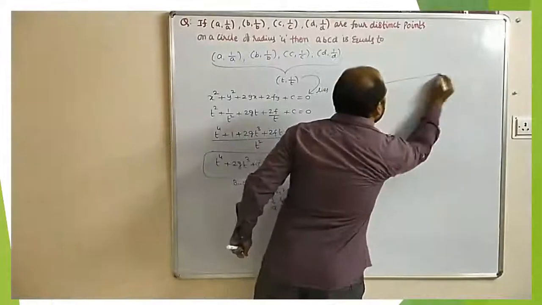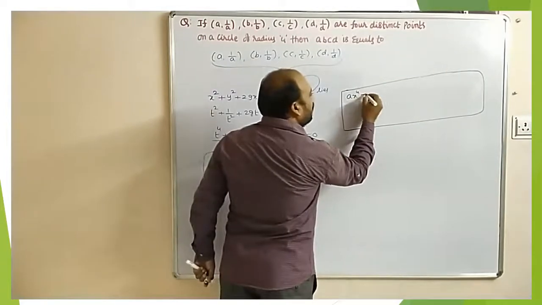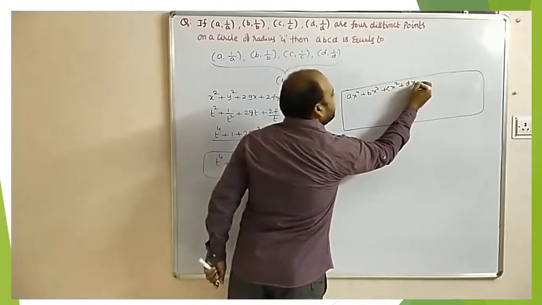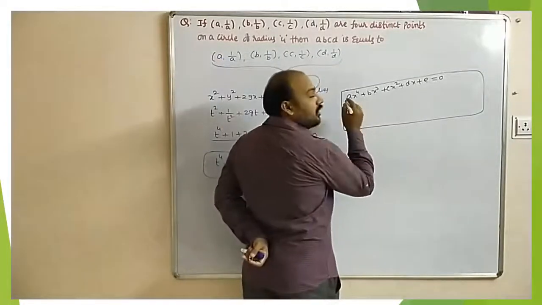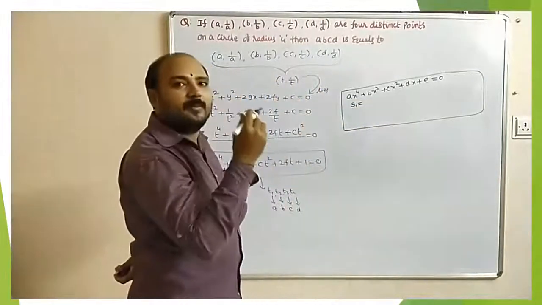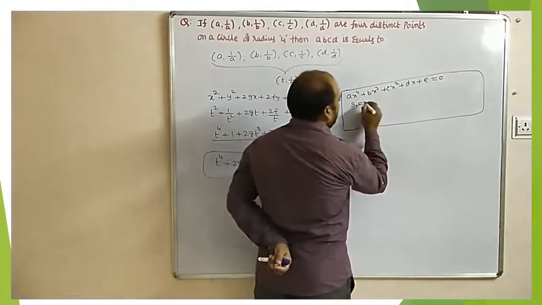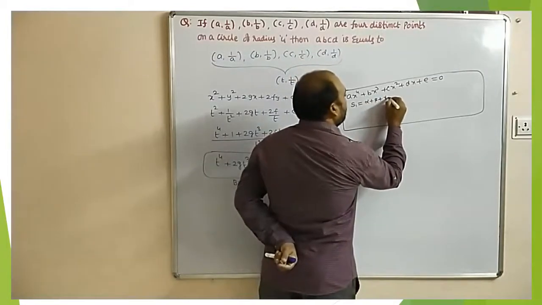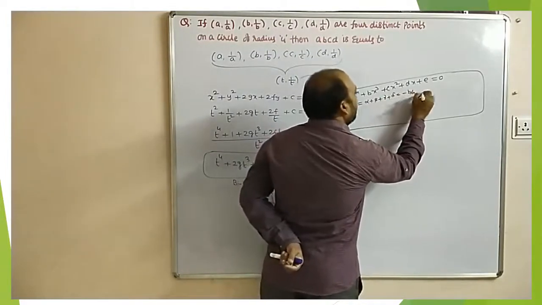Observe the biquadratic equation general form carefully, dear students. a x power 4 plus b x cube plus c x square plus d x plus e equal to 0 is a biquadratic equation whose roots are alpha, beta, gamma and delta. The sum of the roots, S1, equal to alpha plus beta plus gamma plus delta, equals minus b by a.